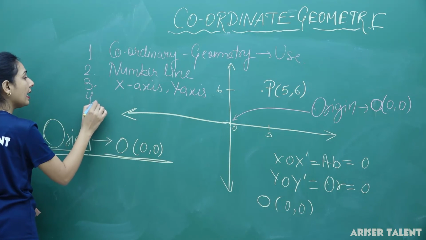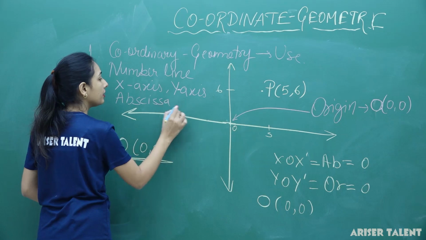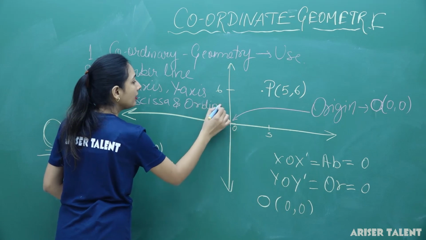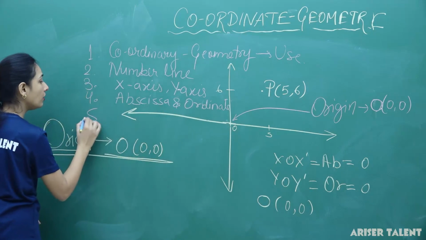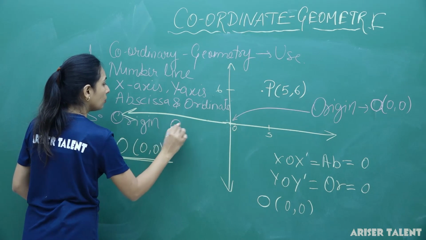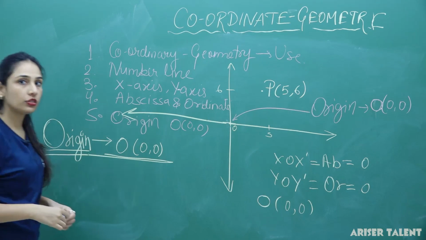Then we understood the abscissa and ordinate. And at last, we understood the origin, O (0, 0). So this was today's lecture.